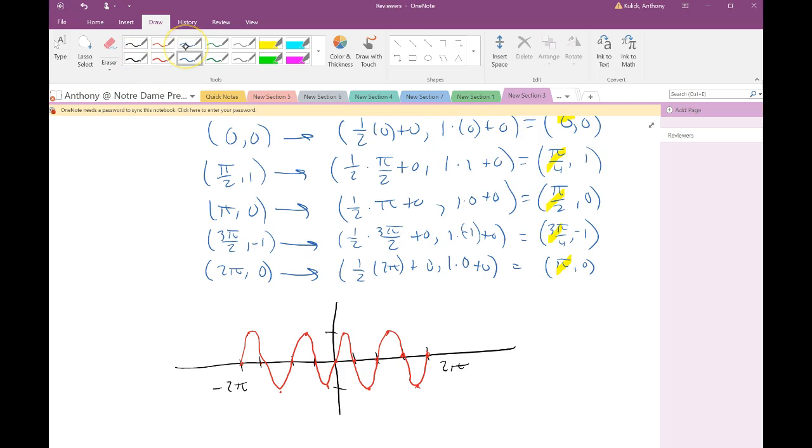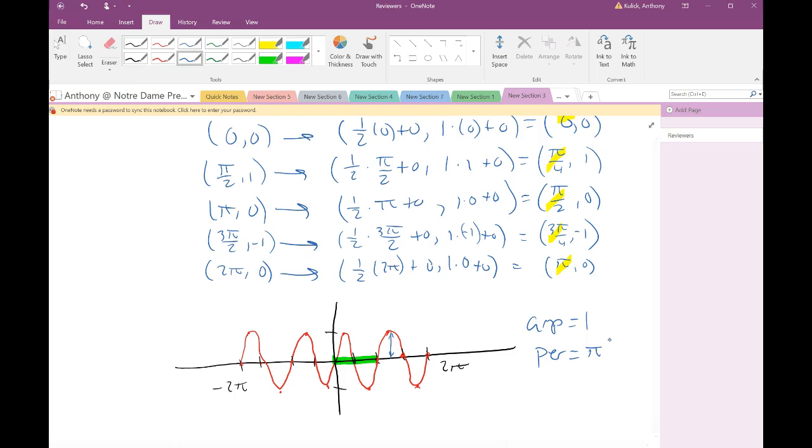So let's compare this to the graph of just sine. My amplitude here is 1. Nothing has changed. My period started here and went to here. Whoa. Instead of it being 2 pi, it's just pi.